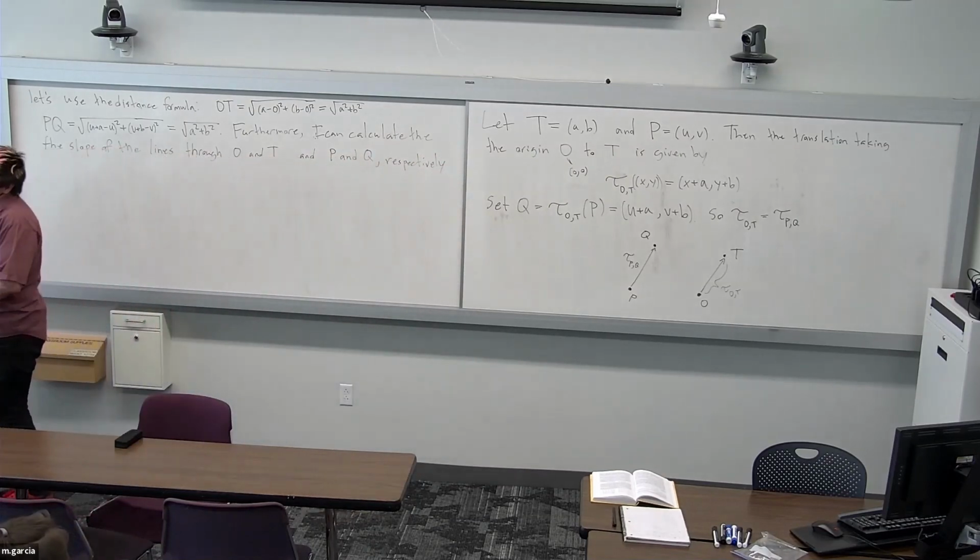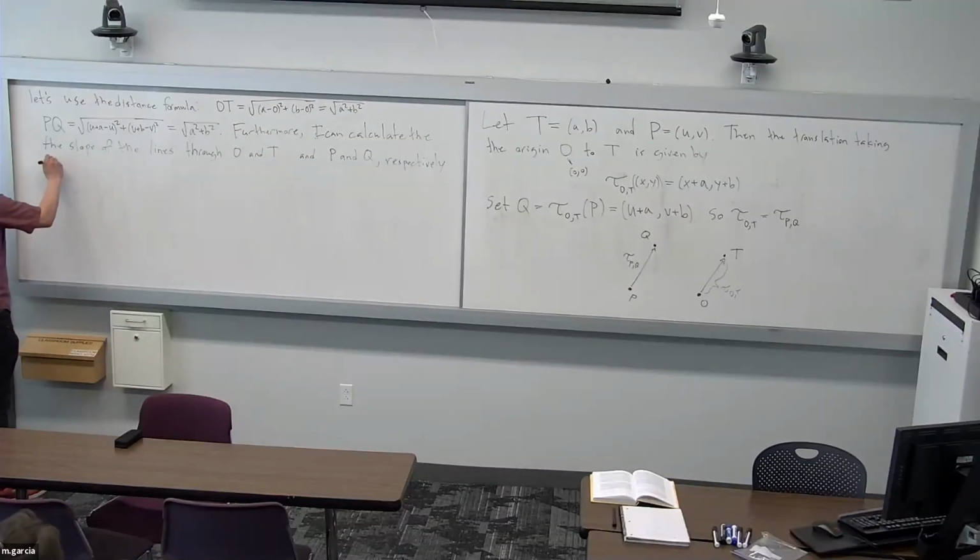And again, notation that I'm not particularly fond of. The book specifies these lines as a line over OT. It means just the line that's through those, the unique line through those two points.